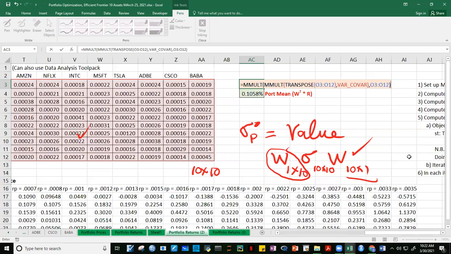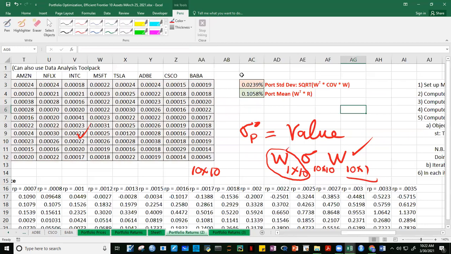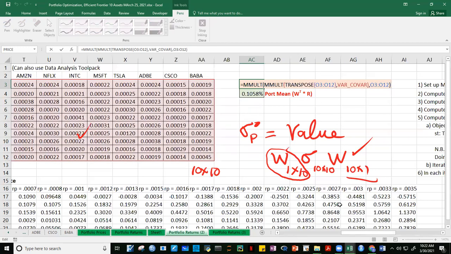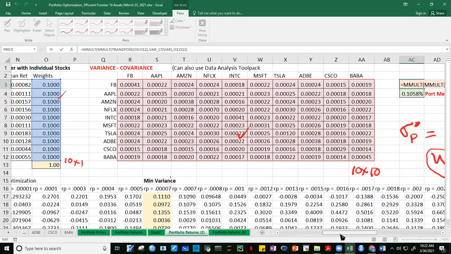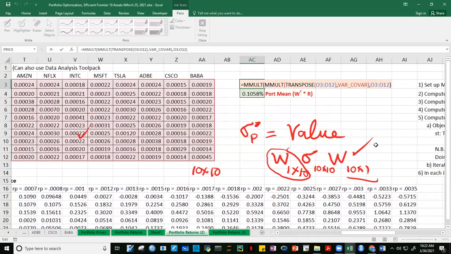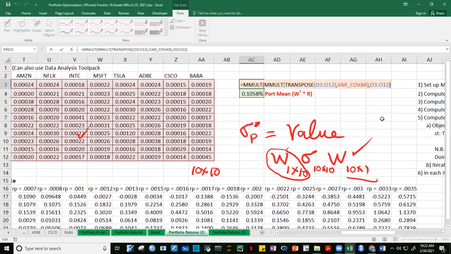And because this is a matrix, dapat Control-Shift-Enter. Control-Shift-Enter. I'm getting 0.0239. Did you get that? Not yet, sir. Sige.